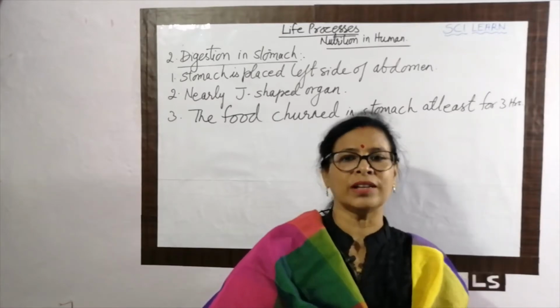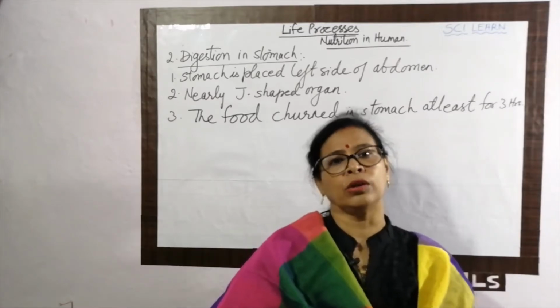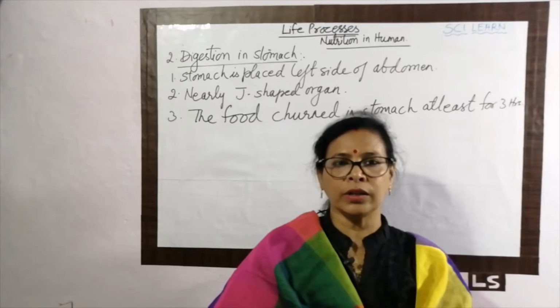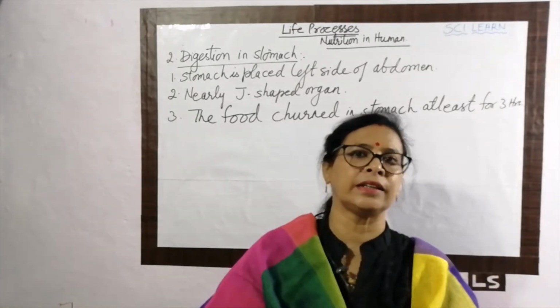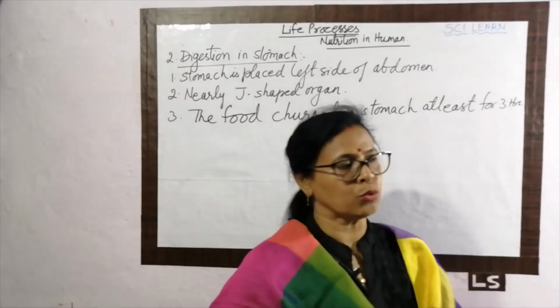The stomach also contains a gland. That gland is called the gastric gland. And what is the function of the gastric gland? The gastric gland secretes gastric or digestive juice.